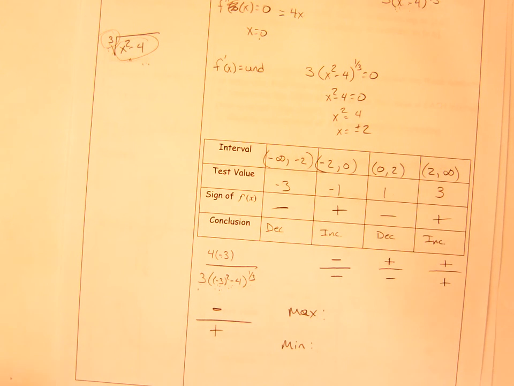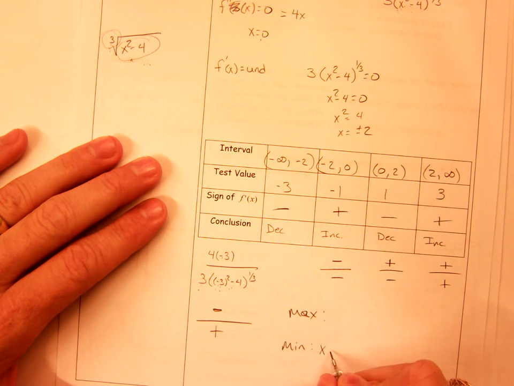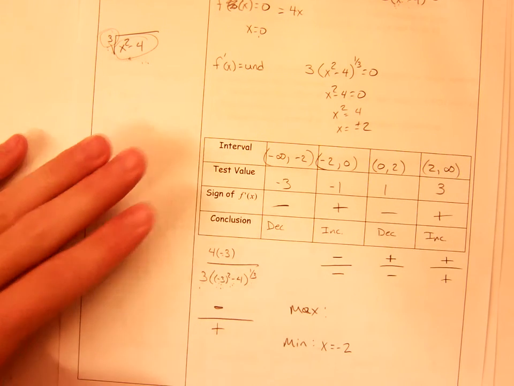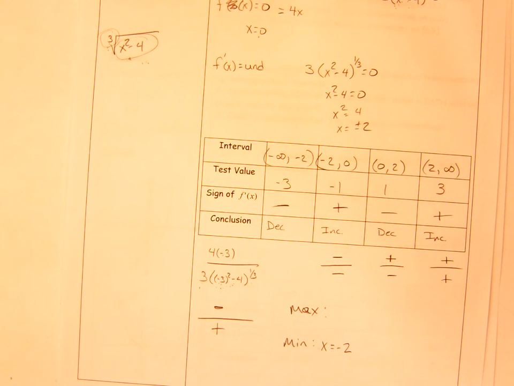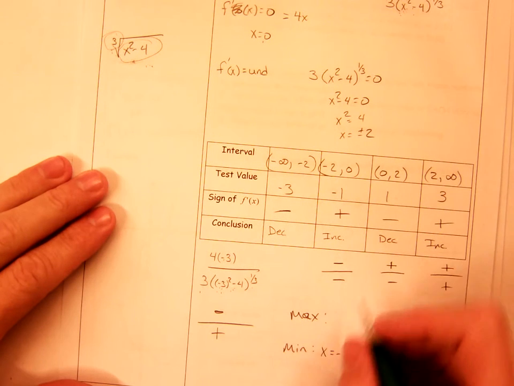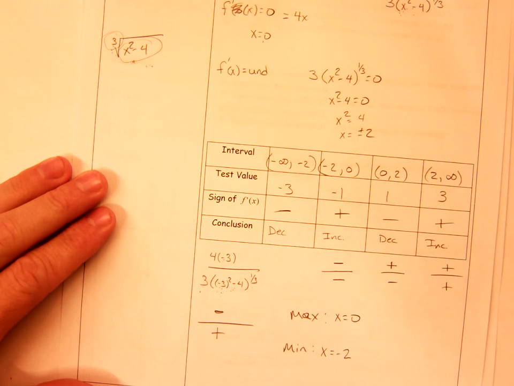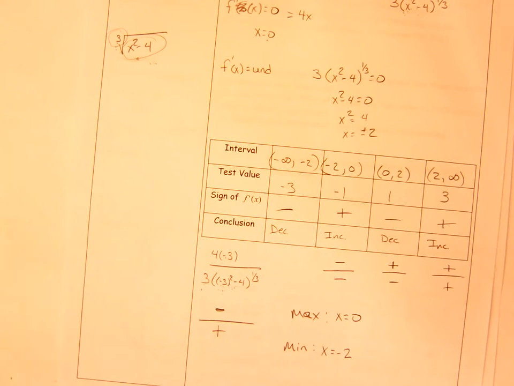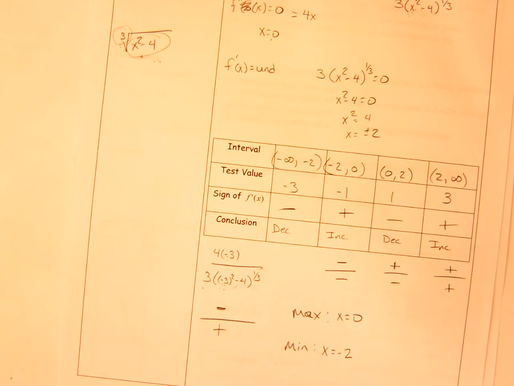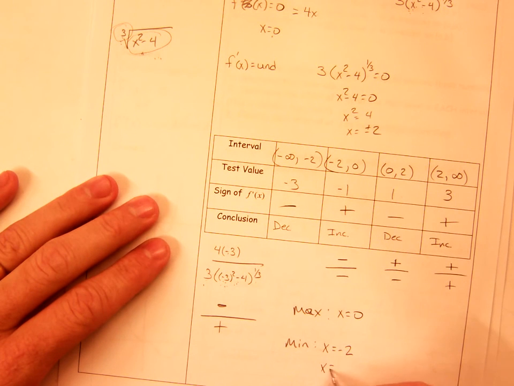So that's at x equals -2. It goes from increasing to decreasing. Maximum, that's at 0. It goes from decreasing to increasing. That's a what? It's a minimum. Decreasing, that's right.